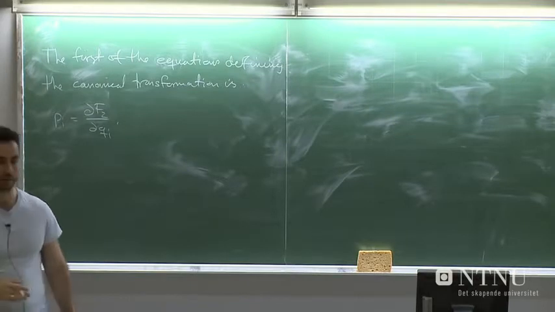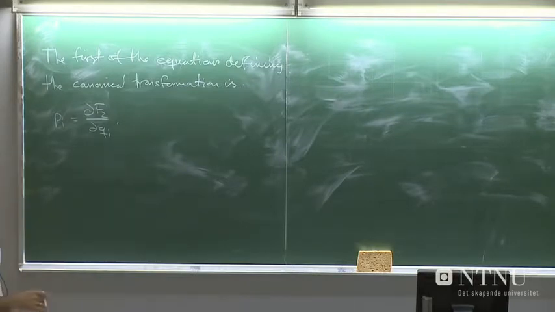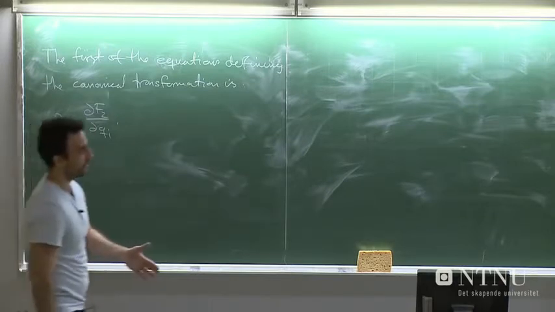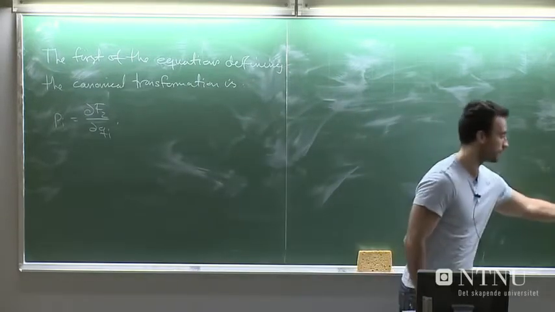We may also recall that for each generating function, we had 3 characteristic equations that defined the canonical transformation itself. So we had 2 equations relating the old set and the new set of variables, and one final equation of precisely this form.